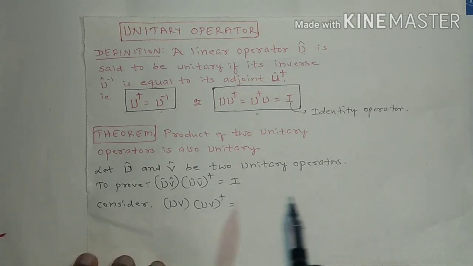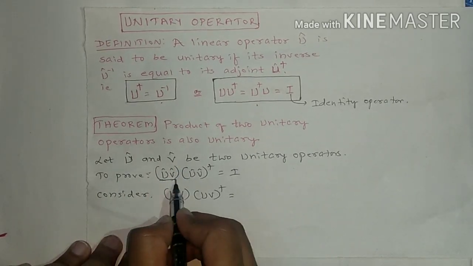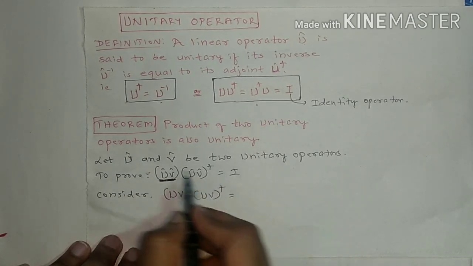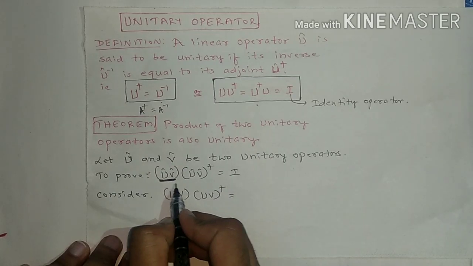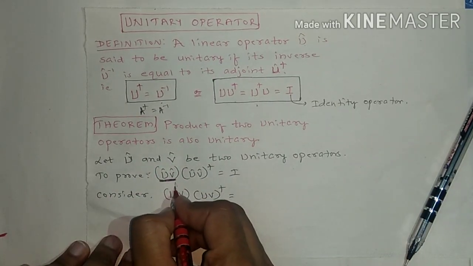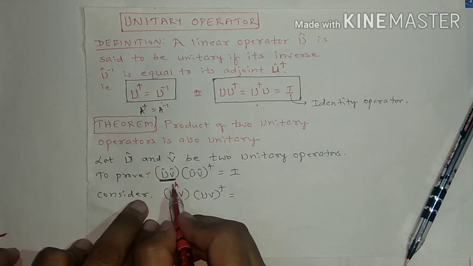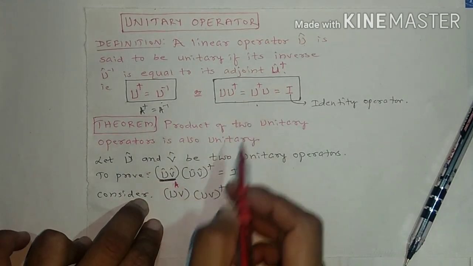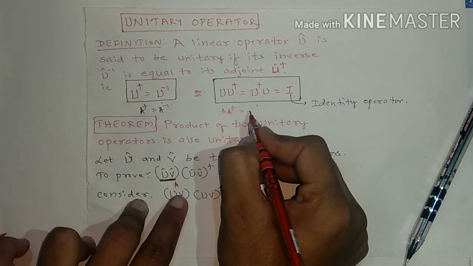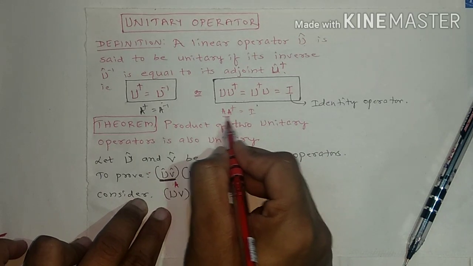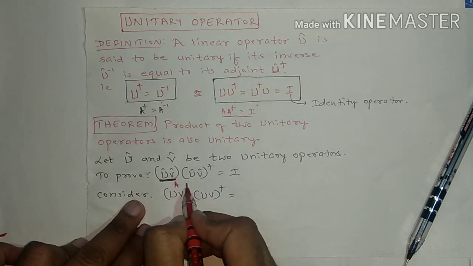Let us take two unitary operators U and V. Let us take their product UV as A, with its dagger A dagger.